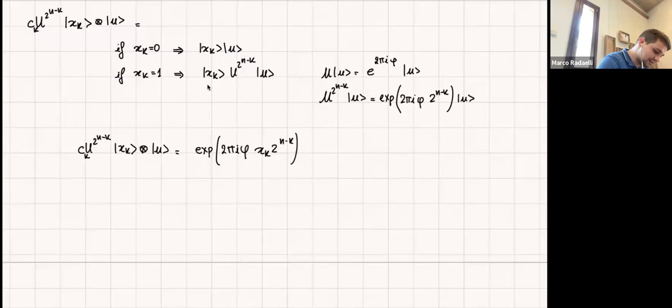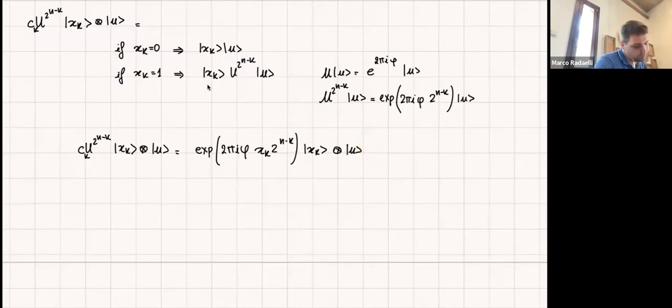Here there is a little trick. So this is |x_k⟩ tensor |u⟩. The trick comes from the fact that x_k equal to 0 means that nothing happens. Exp of 0 is just 1. So what happens is basically that the second register is always left unchanged.